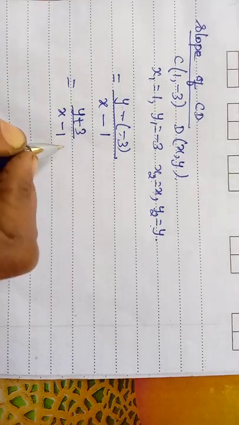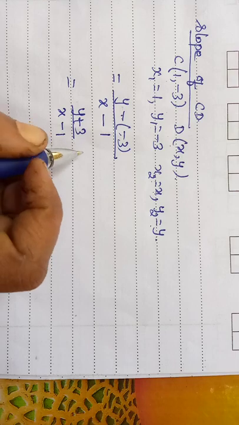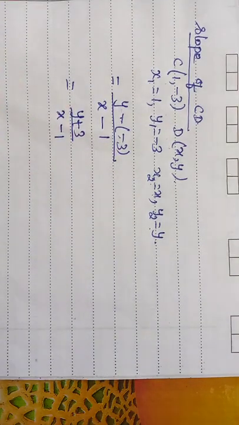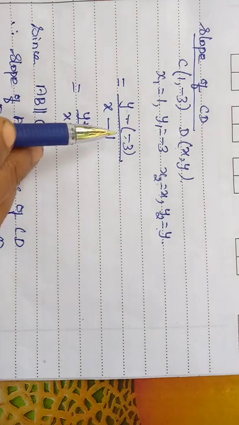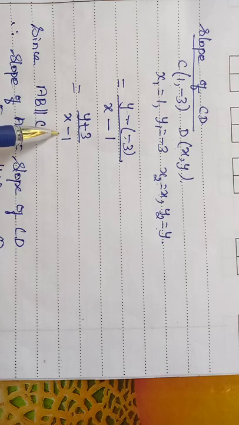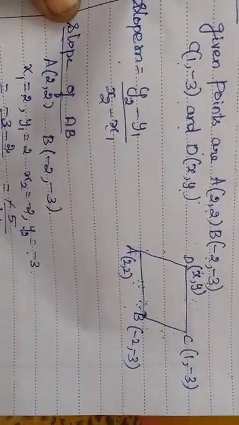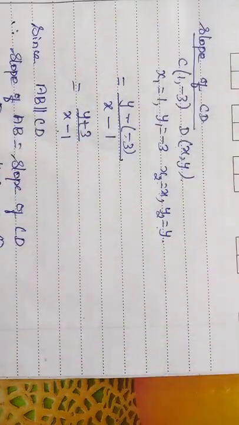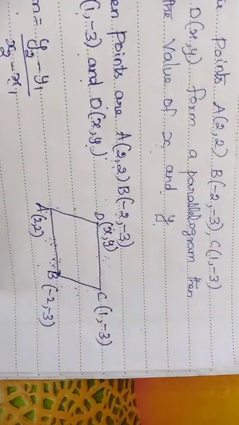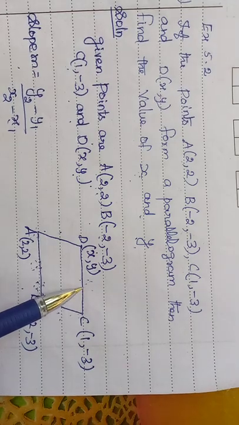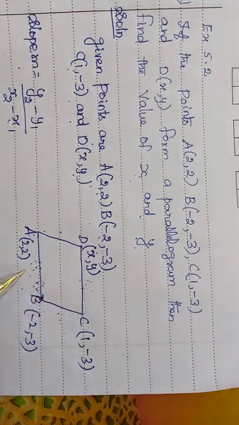Now slope of CD equal to y plus 3 by x minus 1. We have slope of AB equal to 5 by 4. See the diagram, AB parallel CD, so the slope must be equal.